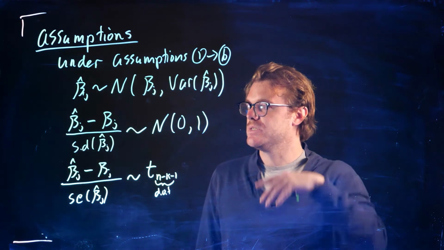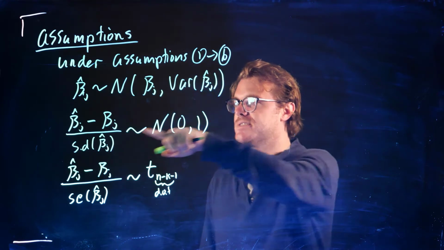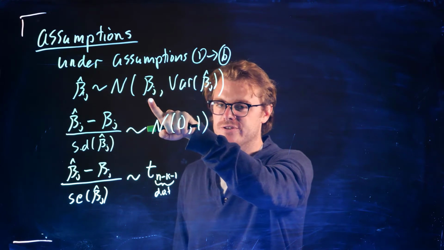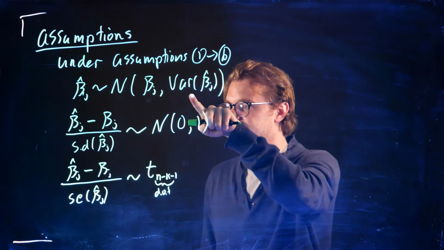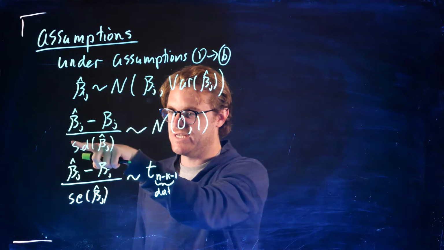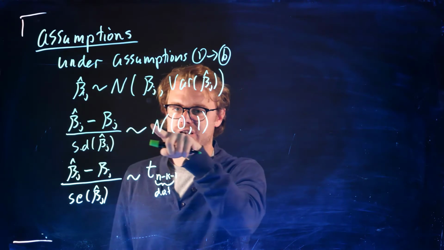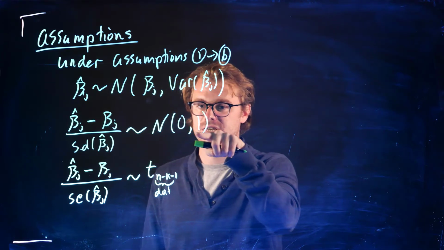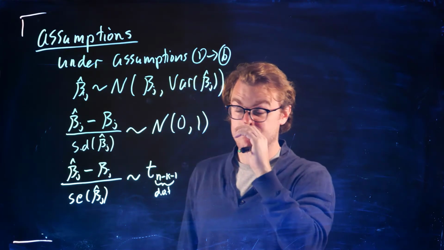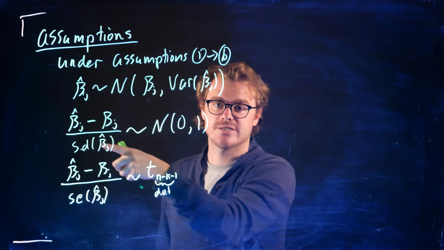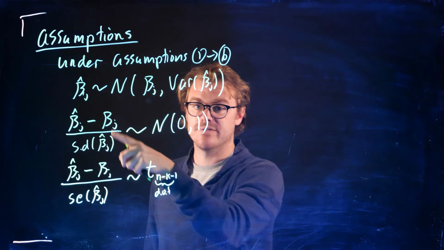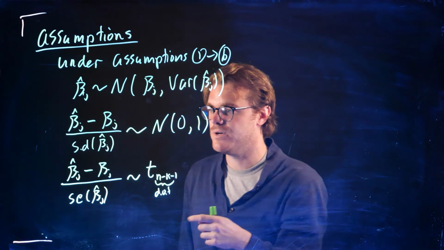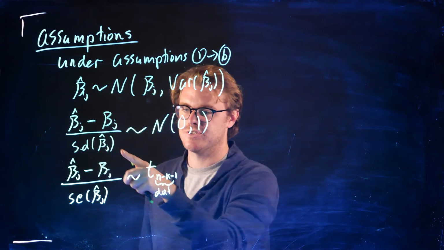Okay, so under assumptions 1 to 6, our beta hat j is a normal distribution with a mean of beta j, the true effect. This is that variance. If we standardize it using the standard deviation of beta hat j, we'd have a normal distribution with a mean of 0 and a variance of 1. This is probably a lot of the stuff that you saw in your stats course before, where you assume that you knew the variance of your random variable, so we can actually calculate the standard deviation.